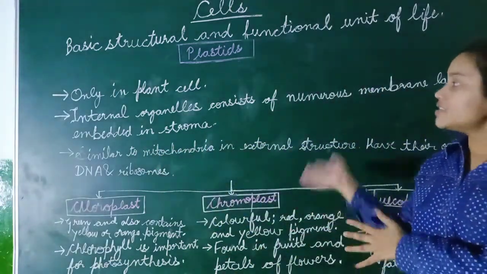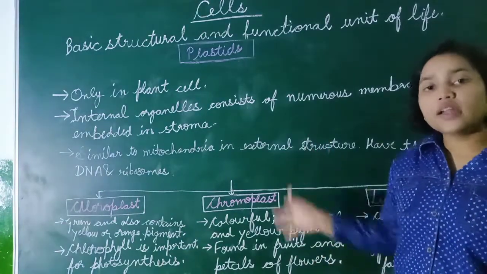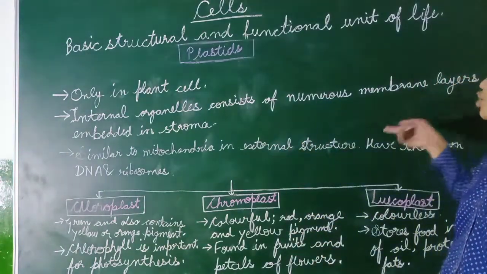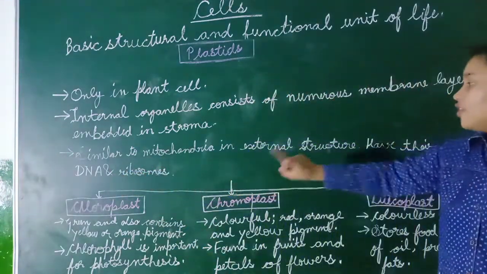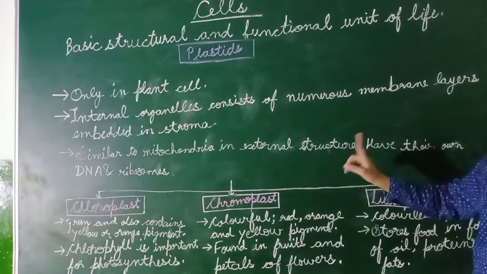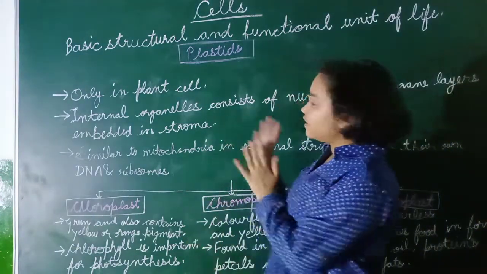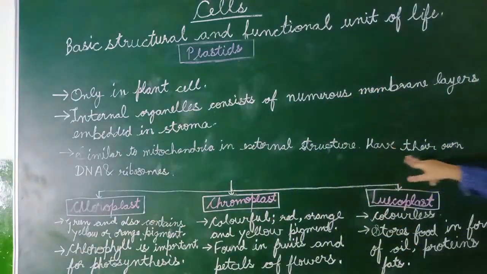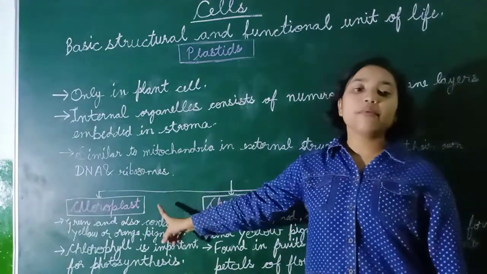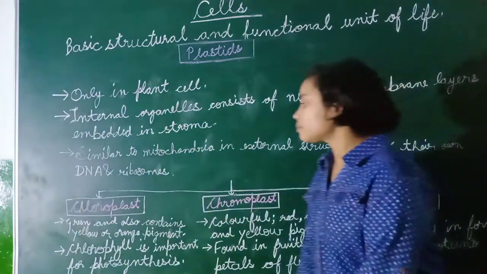Stroma is the substance in which these membranes are embedded. Plastids are similar to mitochondria in structure, have their own DNA and ribosomes, so they can also make their own proteins.